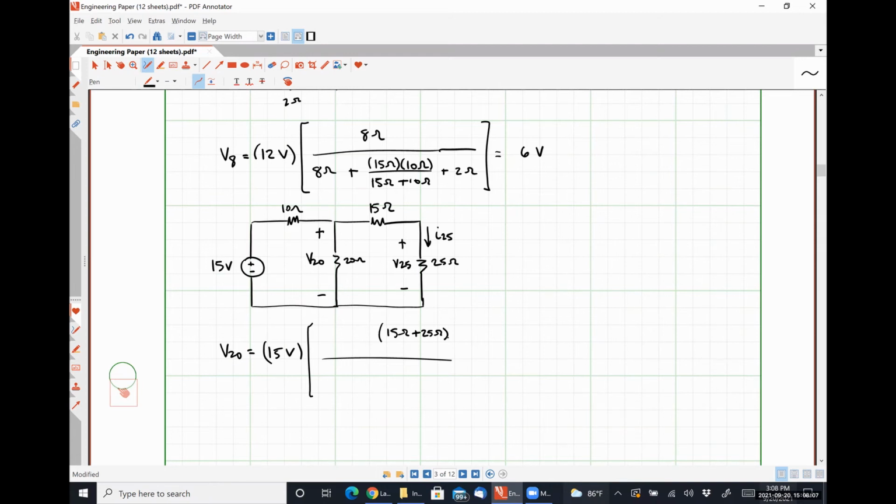So that voltage V20 represents the voltage drop over the 20 ohm resistor, which is in parallel with a series combination of 15 ohms and 25 ohms, right? 20 times that over the sum, right? What's going to be in my denominator? 10 plus that thing, right?